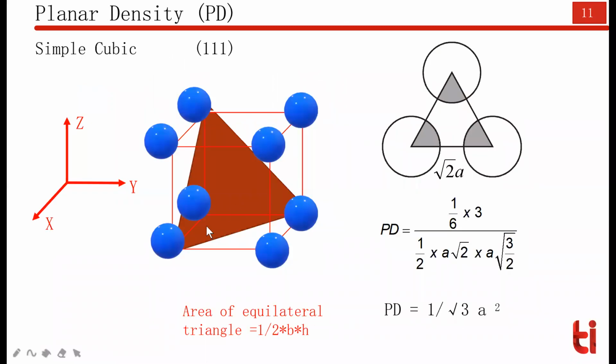So here it was, if this unit cell is the face-centered cubic unit cell, then on every face diagonal, you have an extra atom sitting. So if I show the face-centered atoms, then I will have 1 atom here, 1 atom here, and 1 atom here at the center of the face.